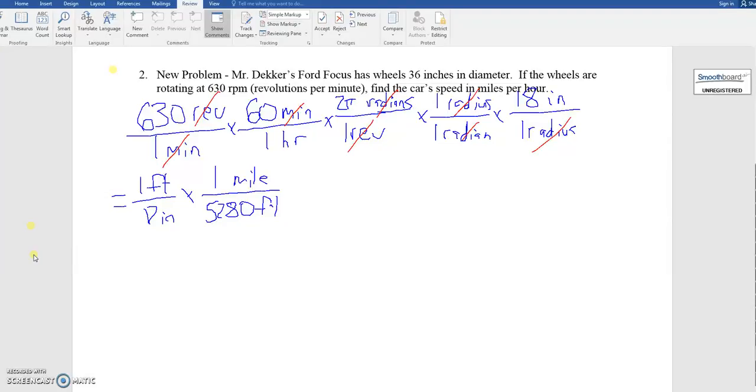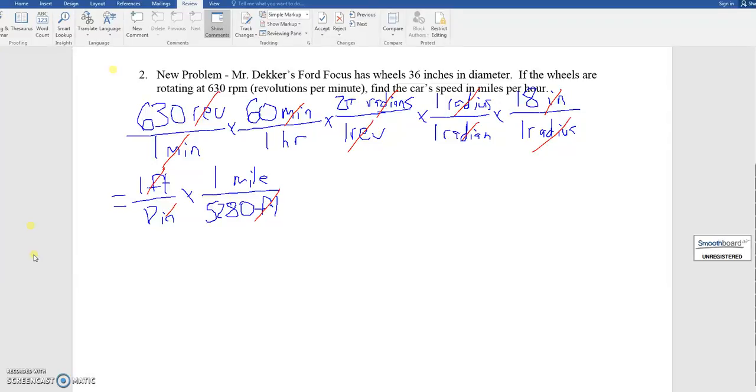If I go through and cancel off units again, the feet will cancel off, inches will cancel off, like so. And now if I look at all this work, I do have it in the correct notation where in the end I have miles on the top, I have hours on the bottom. That's what I was looking for in the original question.